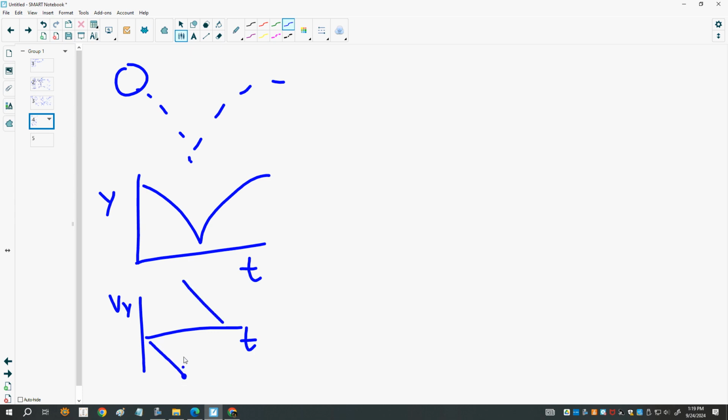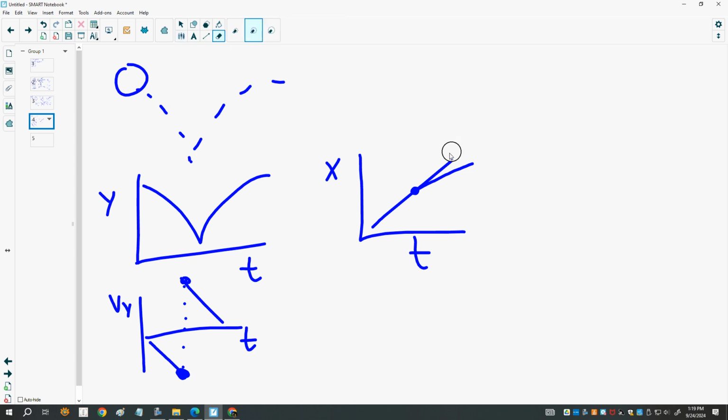This is the bounce right here, where I go from having a big negative velocity to a big positive velocity. And then x versus t is the same because my x motion is constant. Actually, at the bounce, if you recall, we had the graph smoothed out in that way, or the slope actually decreased because it slowed down after it bounced.